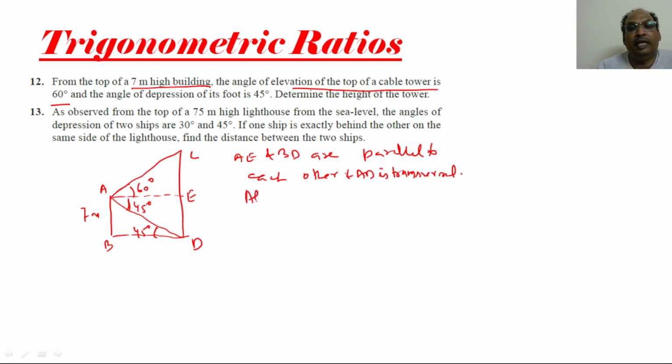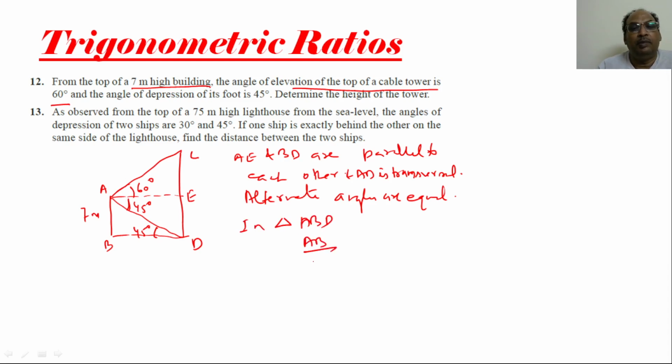Therefore, alternate angles are equal. So in this case, now in triangle ABD, AB by BD is equal to what? tan 45 degree. AB is equal to BD into tan 45 degree.